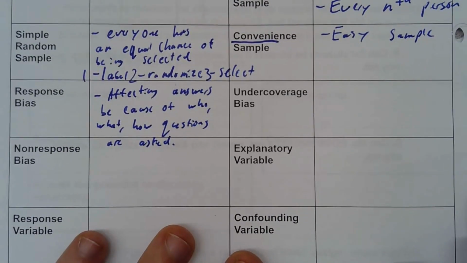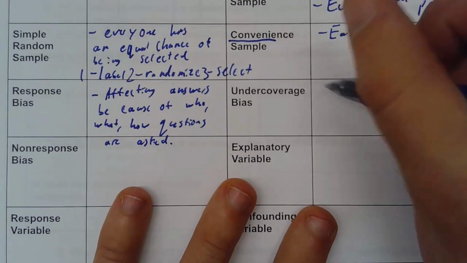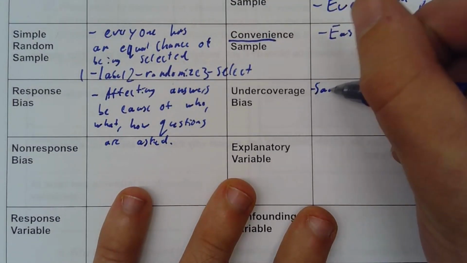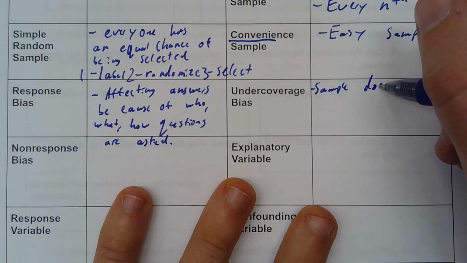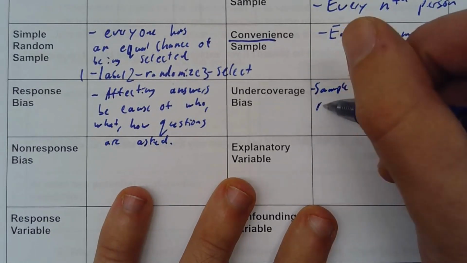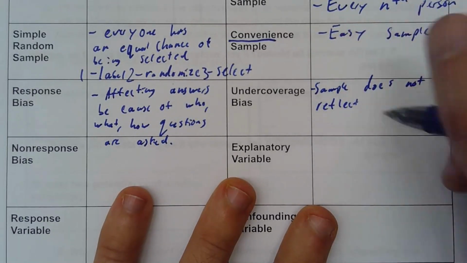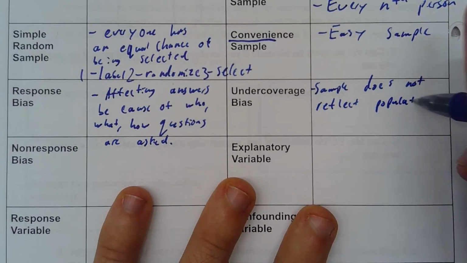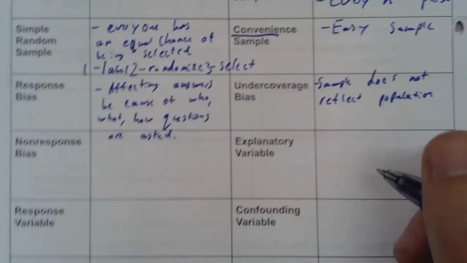Undercoverage bias means that the sample does not reflect the population, really simply, okay?